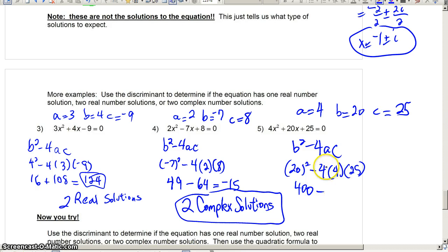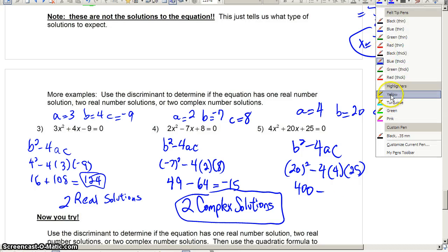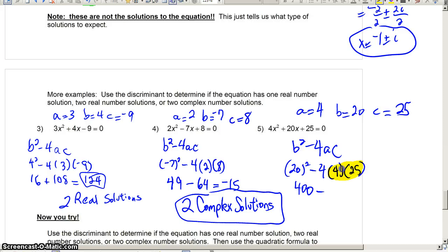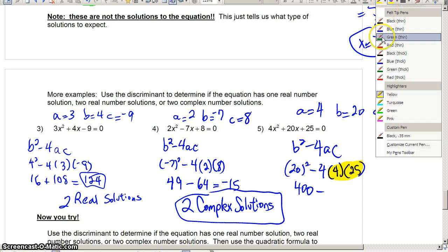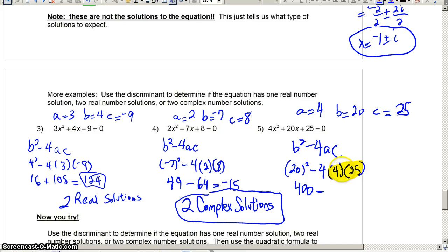And if you'd multiply 4 times 4 times 25, you'll see it's 400 also. Here's a quick way to do that even by hand. We know that 4 times 25 is 100, right? 4 quarters make $1, and 100 times 4 is 400 itself. Very quickly, we would get a discriminant of 0. That means there is just one real solution.